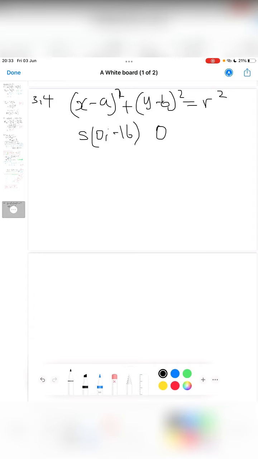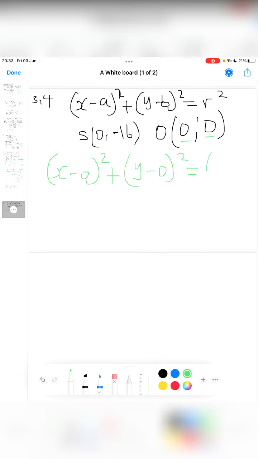And then we know the origin being the center. Obviously, the origin is 0 and 0. So it's just a matter of us substituting there. What are we having there? So we just have x minus, what is a? A there is 0, and then you square it, plus y minus, what is b? B being 0, squared. This is equal to, what is r, ladies and gentlemen?